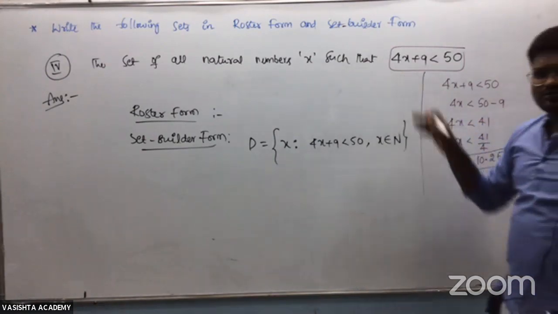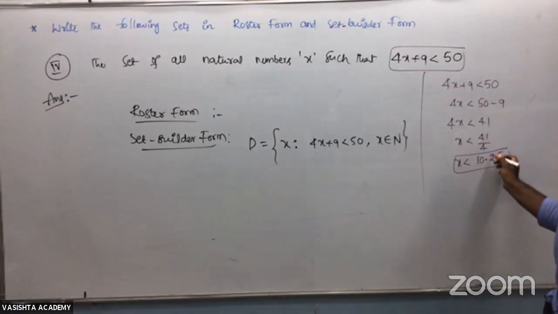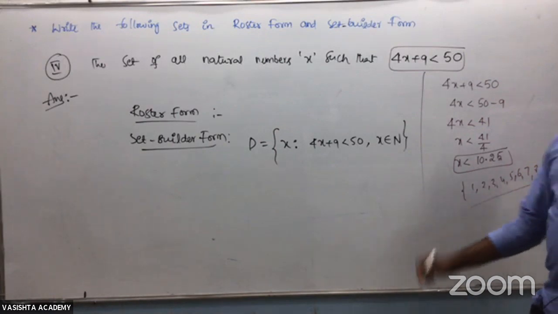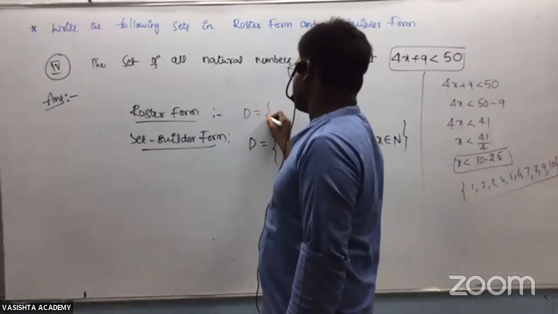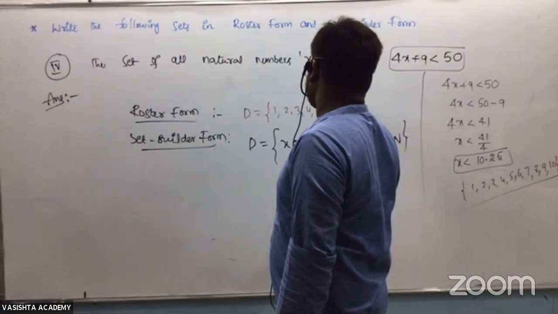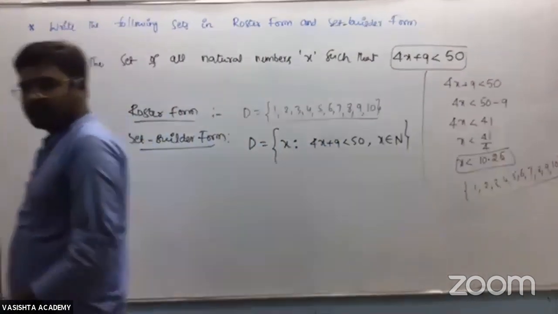Now x is a natural number which is less than 10.25. That is the meaning of this question, right? Now can you tell me all the natural numbers which are less than 10.25? 1, 2, 3, 4, 5, 6, 7, 8, 9, 10. So in roster form, it can be written as 1, 2, 3, 4, 5, 6, 7, 8, 9, 10.